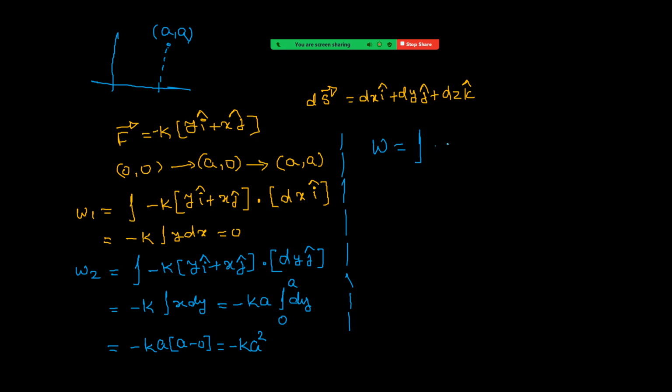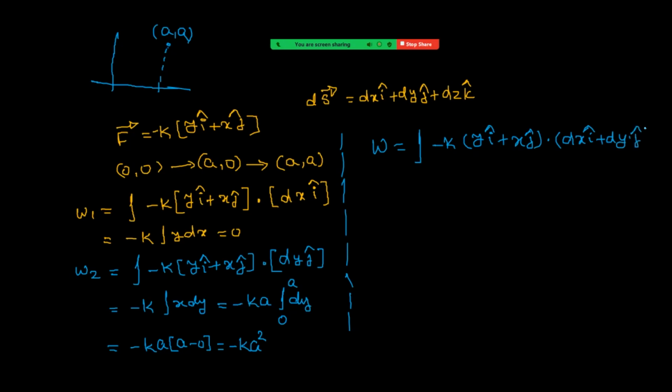F bar is minus k (y i cap plus x j cap) dot ds bar, which is dx i cap plus dy j cap.